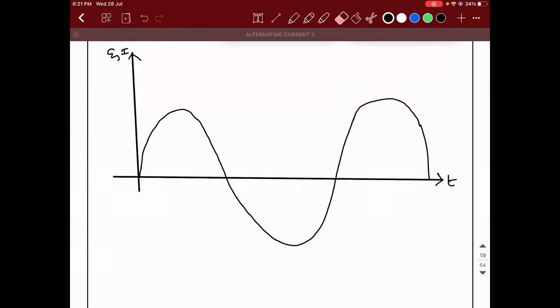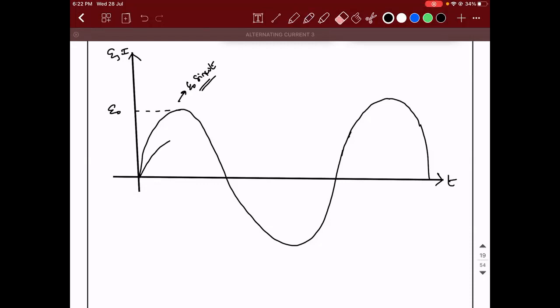Yes, because this is the graph of a sine function, where this peak value is called E naught, and this equation represents E naught sine omega t. Now what about I naught?